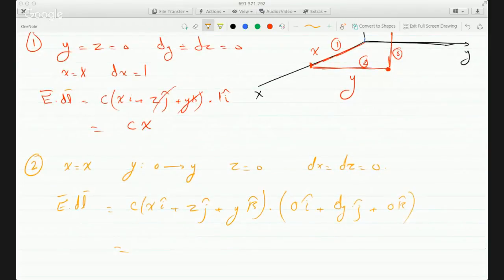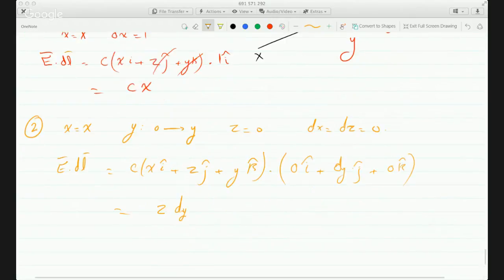Okay, so the only term that survives here is the j term, which is z dy in the dot product. So if I integrate this path from 0 to y of z dy prime, I will get zy.